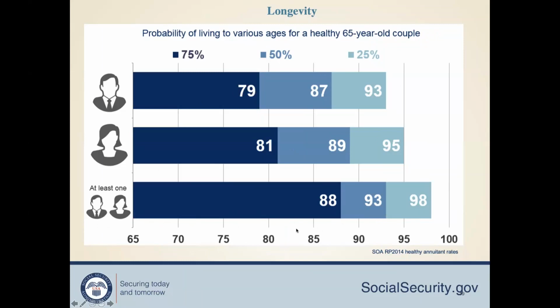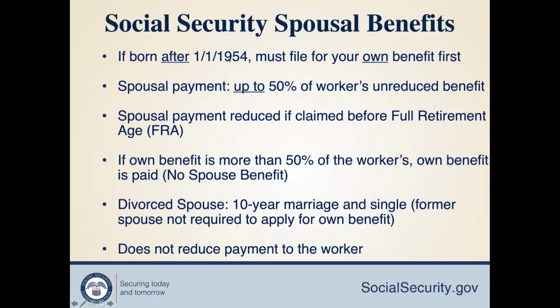Because we are going to be talking about survivor benefit, that is another reason that it's probably worth waiting. But before we get into survivor benefit, let's talk about spousal benefit. So these are the rules. For spousal benefits, if born after 54, you must file for your own benefit first.